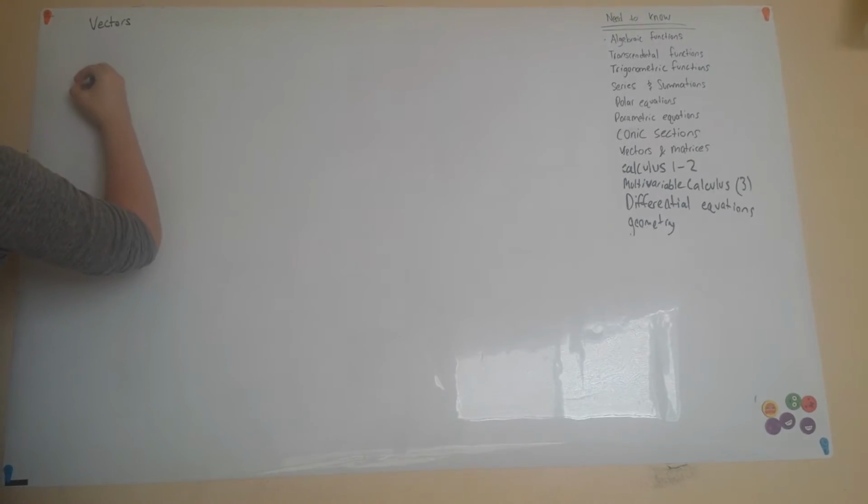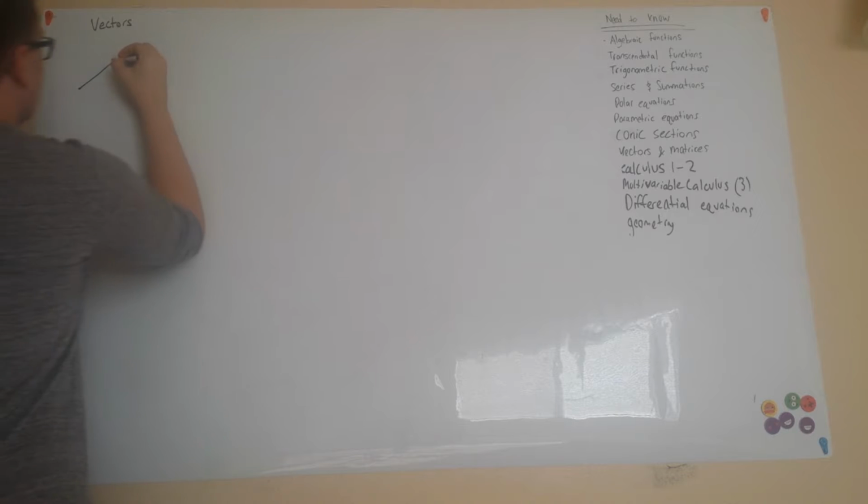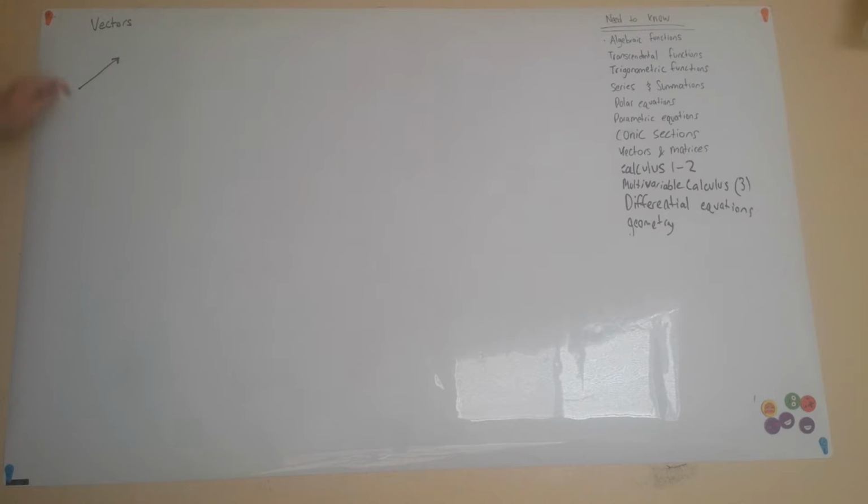And the way we visually represent them is a segment, but with an arrow at the end of one of them. So this gives you the magnitude, the length of your vector, and it gives you the direction.